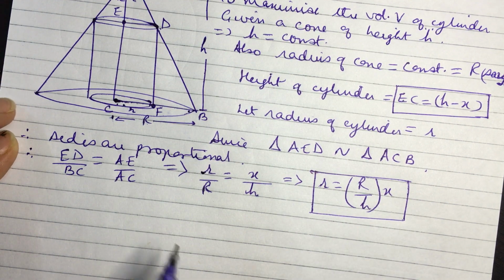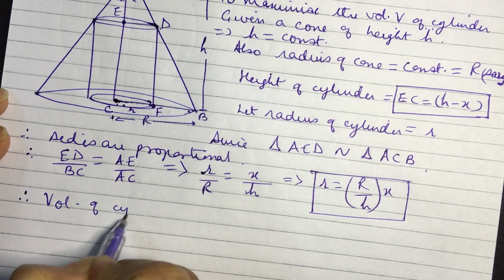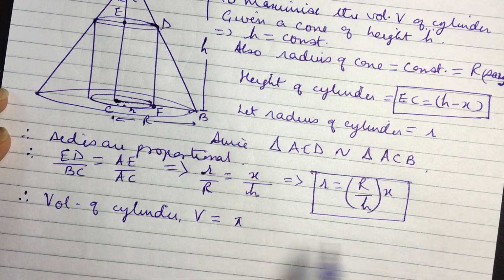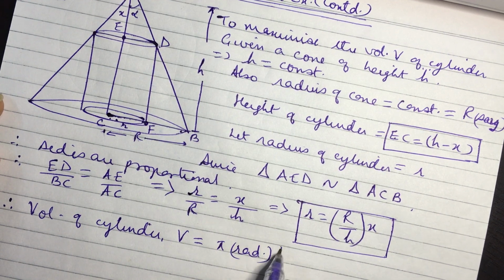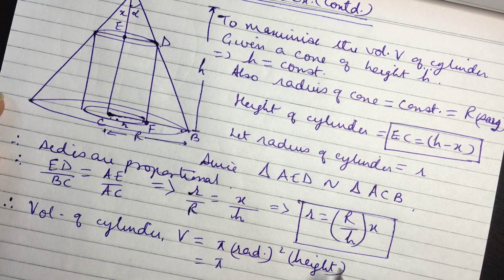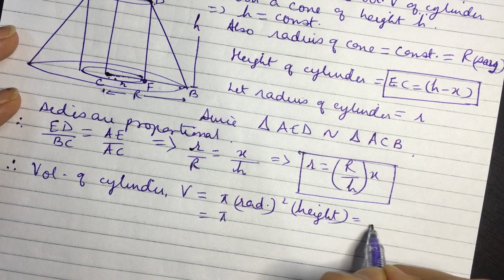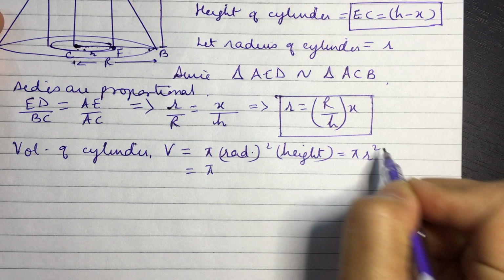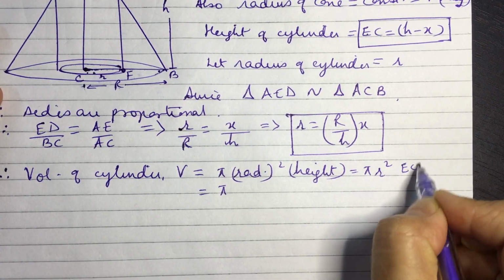Therefore the volume of the cylinder V is equal to pi into radius square into height, which is equal to pi into r squared into h, which is the same as EC.